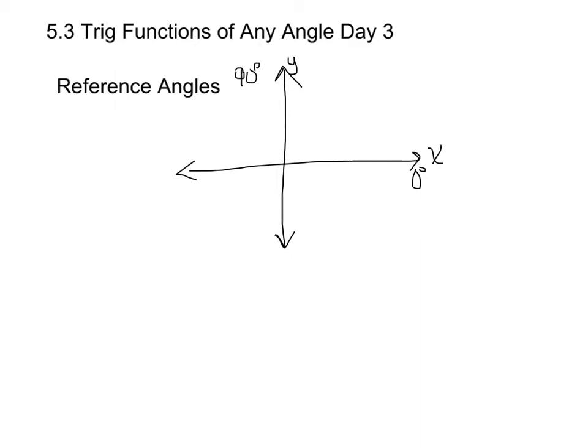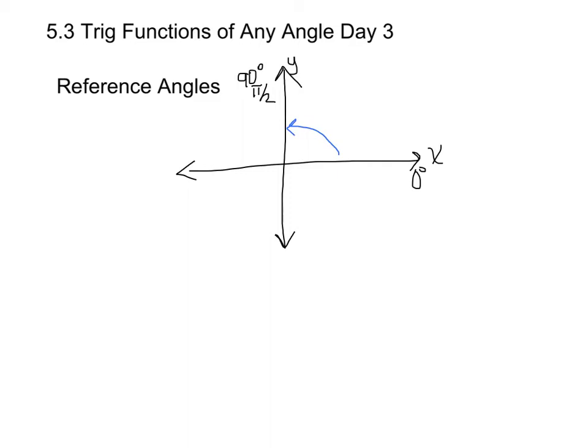And in radians, that's pi over 2. Basically, our reference angles, when we say they are acute, that means they have to fall in the first quadrant. So anything that falls in this quadrant here is considered a reference angle. And so we refer back to these angles because they are special.